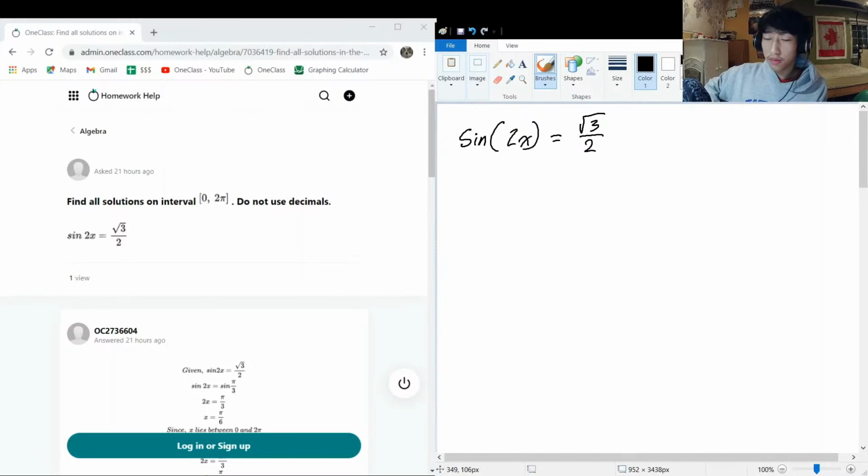Okay, so what do we actually know about what has to be going on here? We know that sine is going to be the opposite over hypotenuse.